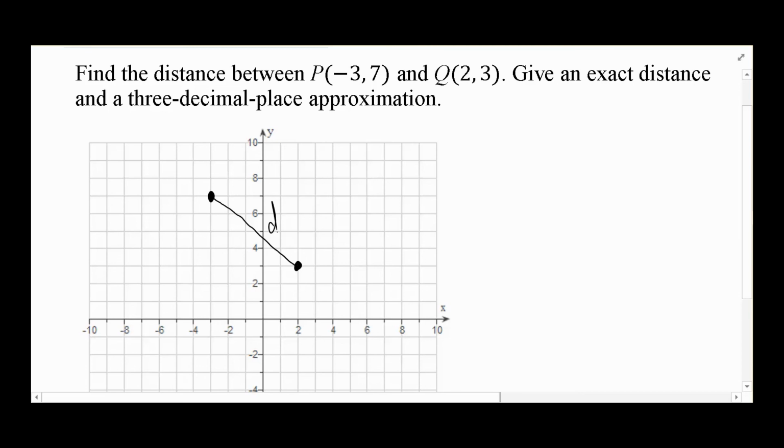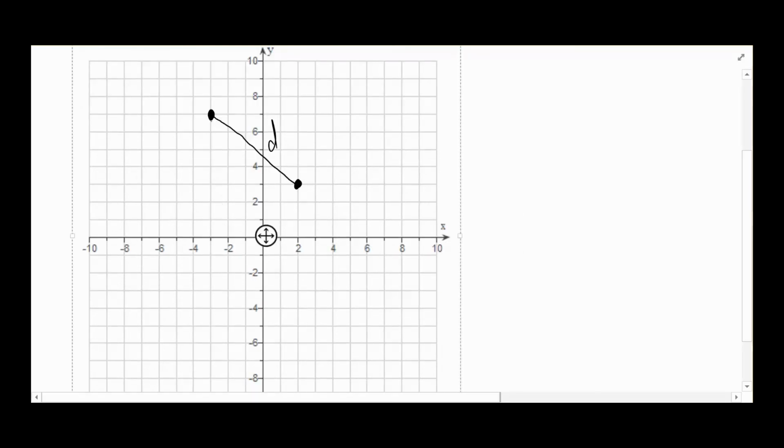So what I'm asking you to do is instead of trying to plug into some fancy-dancy formula that you are going to make sign mistakes with, my suggestion is just draw the picture, create the right triangle. Draw a line straight down from one of the ordered pairs and straight over from the other ordered pair, creating a 90-degree angle.